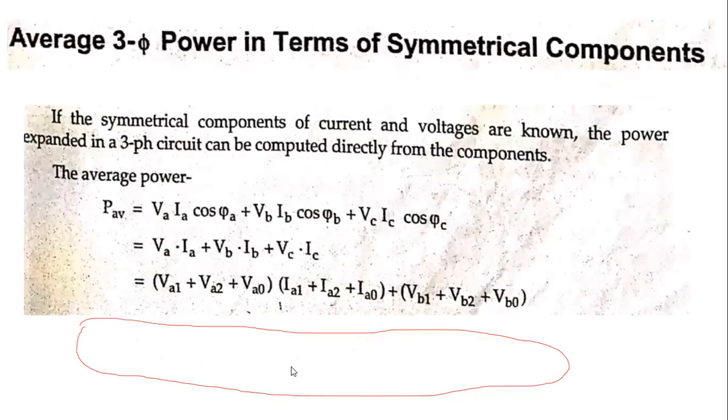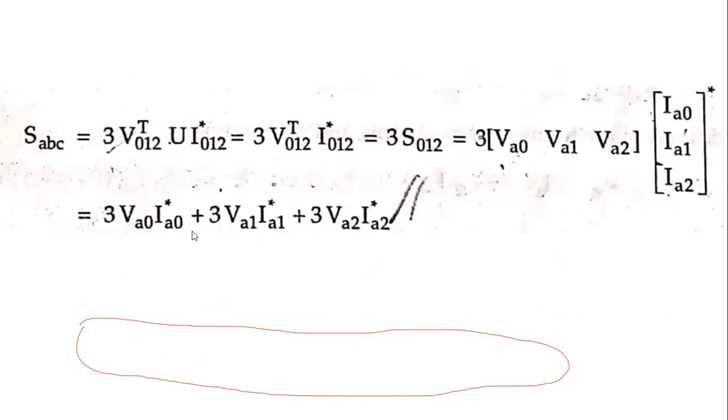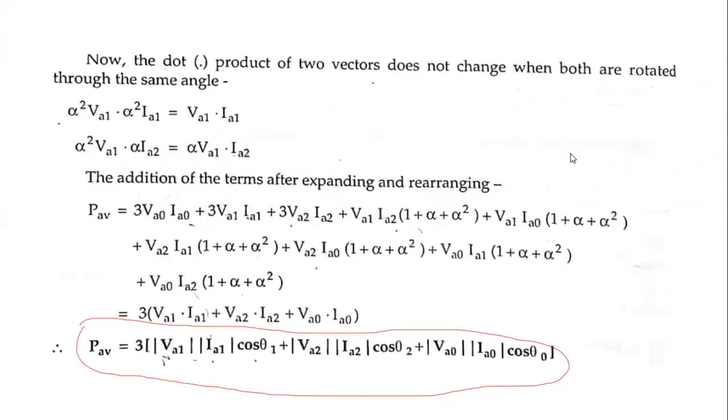Remember these formulas. We will do the problems related to the power in symmetrical components in the next class. This is the power formula, and this is the average power in terms of the symmetrical components.